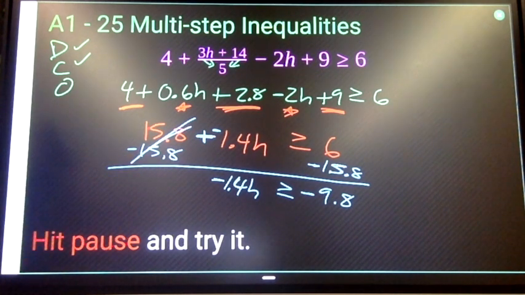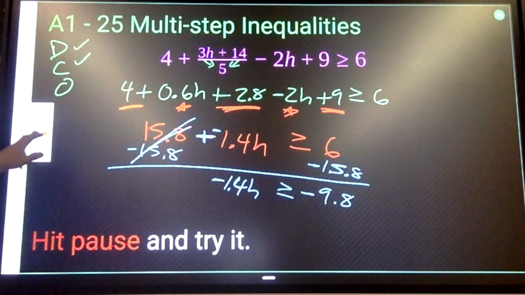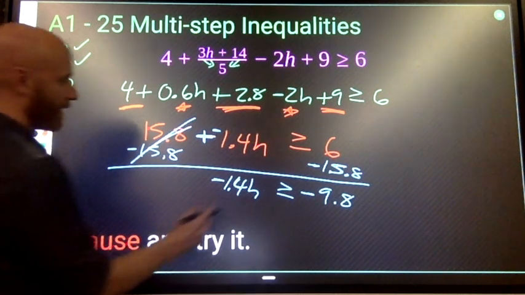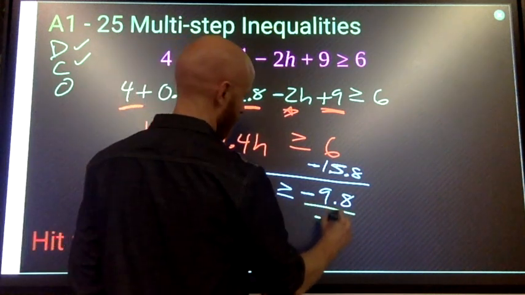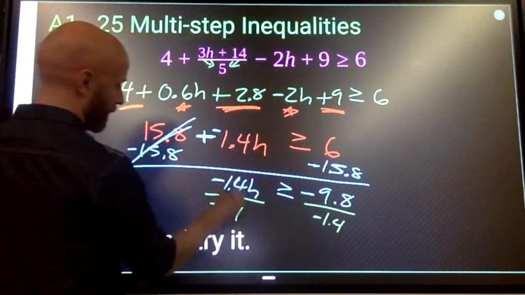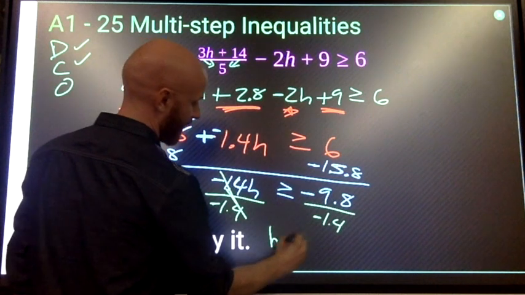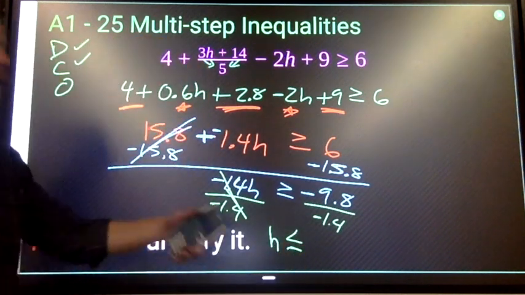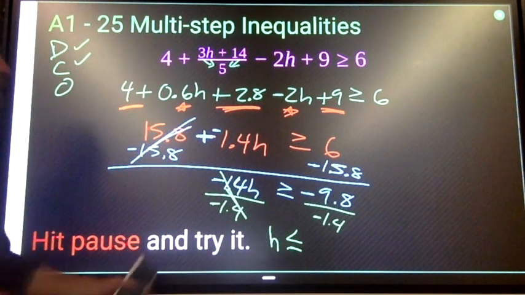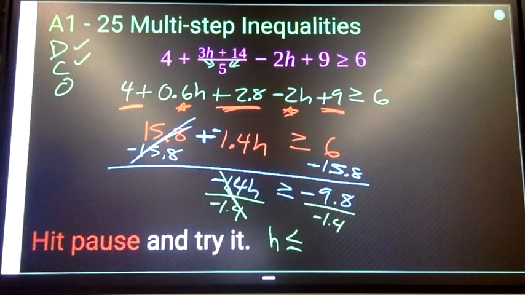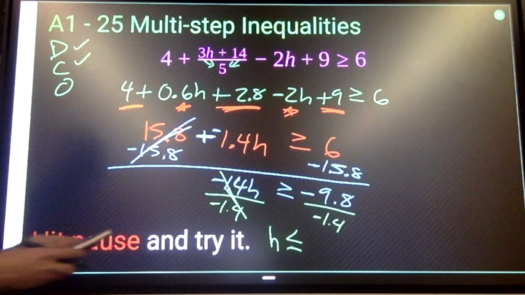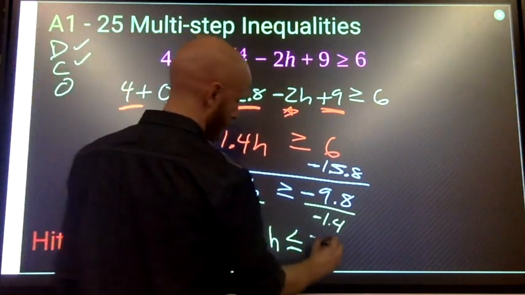All right, divide both sides by negative 1.4. H is less than or equal to, why am I flipping the sign? I'm flipping the sign because we're dividing both sides by a negative number. 9.8 divided by 1.4 is 7.